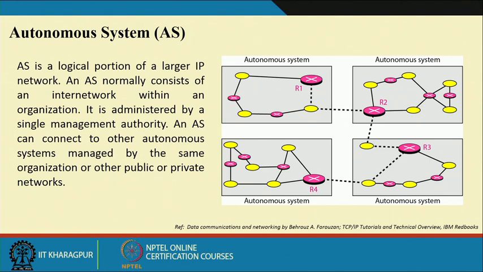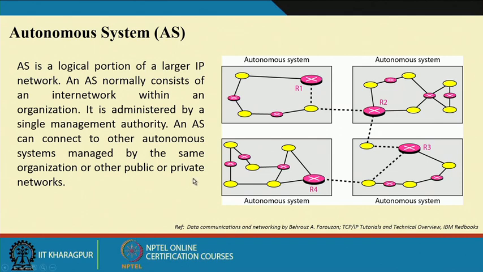Within the autonomous systems, routing is done through intra-domain routing, within the domain, and typically OSPF or RIP are the popular protocols used.